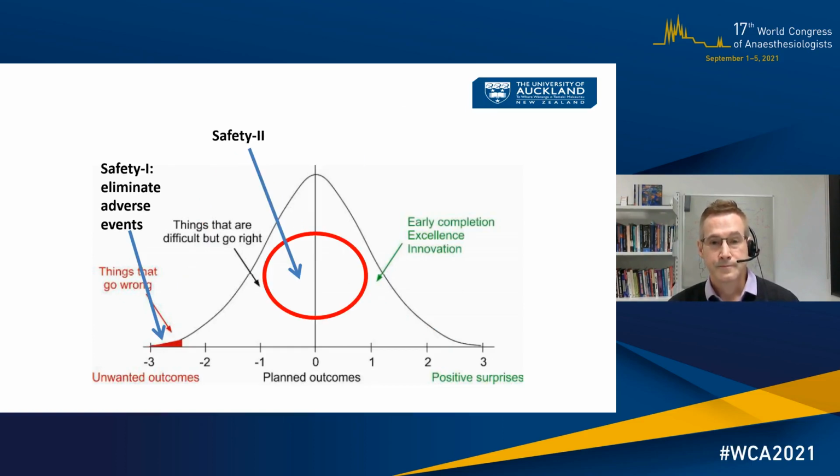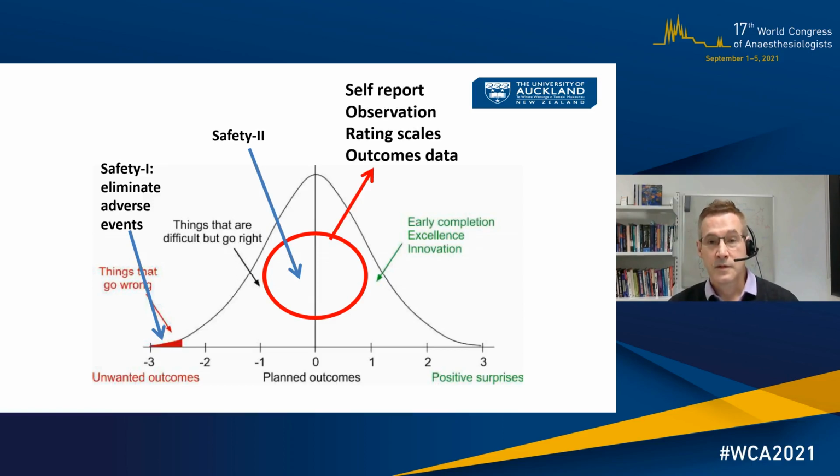Safety 2 is about considering this part of the distribution. What can we do in everyday variability to improve the overall performance? How can we make things that go well or things that go good go even better? So, what kind of measures can we take from this middle part of the distribution around process?